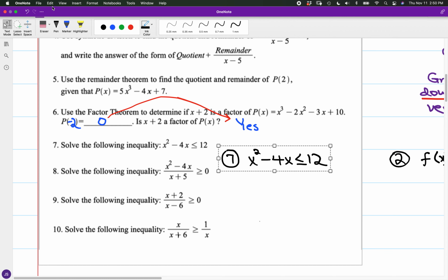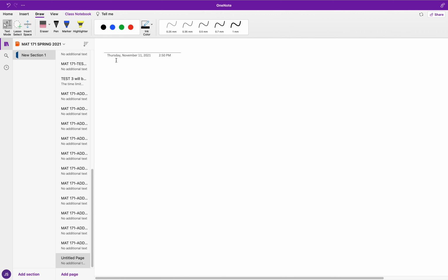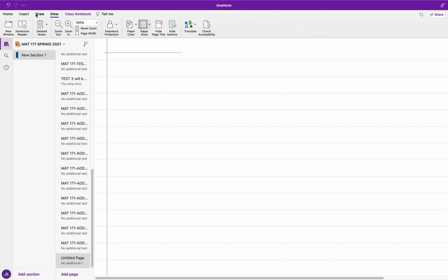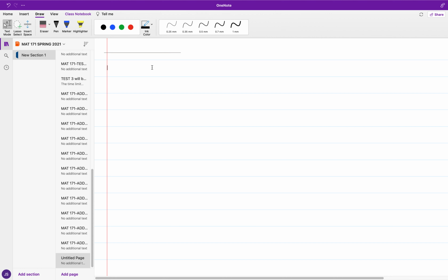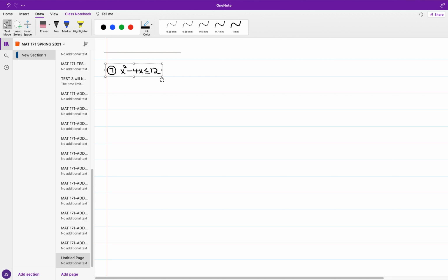And so it's just to solve for the inequality. Then what I'll do here is just add a page. So we got x squared minus 4x is less than or equal to 12.